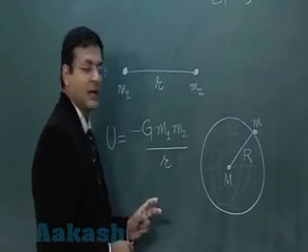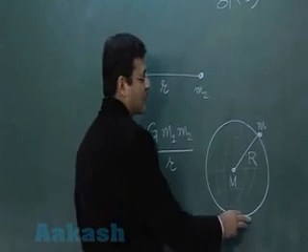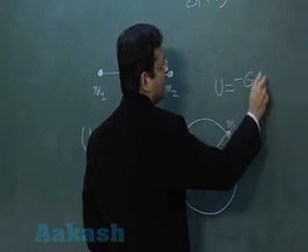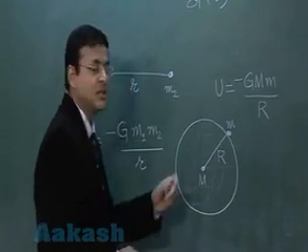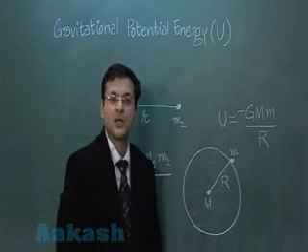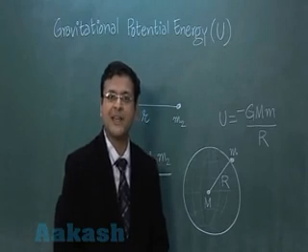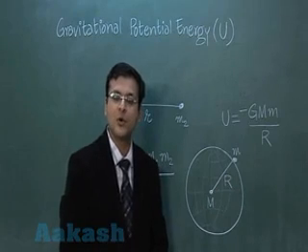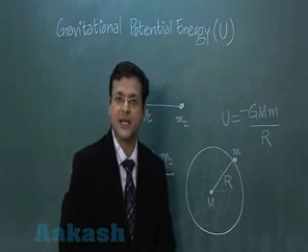Then as per this formula, if you apply this formula on this particular situation, then you can say that the potential energy of this mass is minus G capital M small m by R. We say that the gravitational potential energy of this mass kept on the surface of the earth is minus GMm by R. Now the problem arises that in the chapter of work energy power we had said that you can take gravitational potential energy on the surface of the earth to be 0, and if you are at some particular height h, then the gravitational potential energy is mgh.